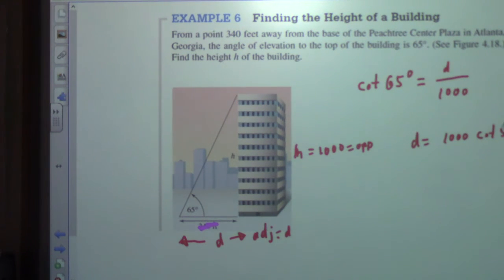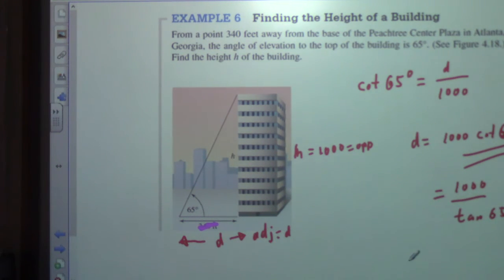So it's just easier sometimes, because you can put your unknown in the numerator. Understood. But this ends up being the reciprocal anyway, so in your calculator it's still going to be 1,000 over tangent 65 degrees, right? Yeah, but it's easier to just look at and do.